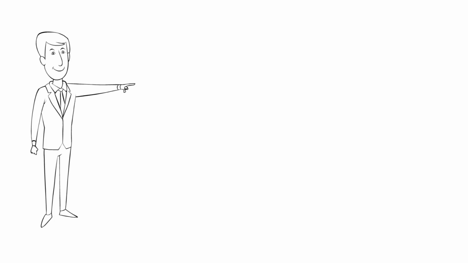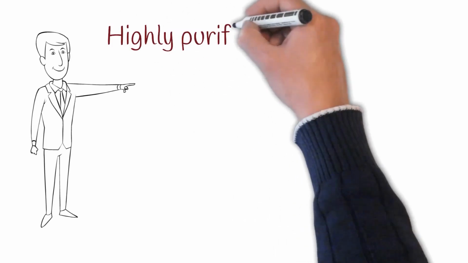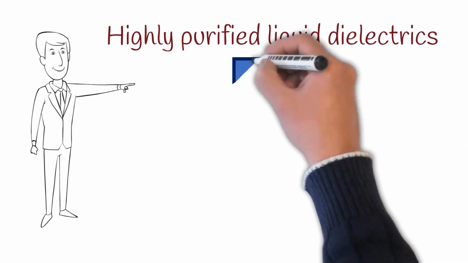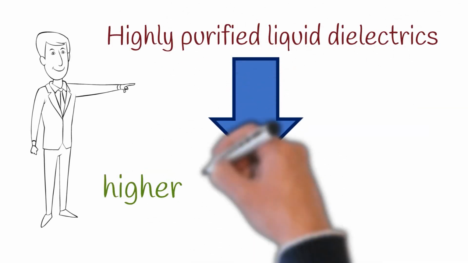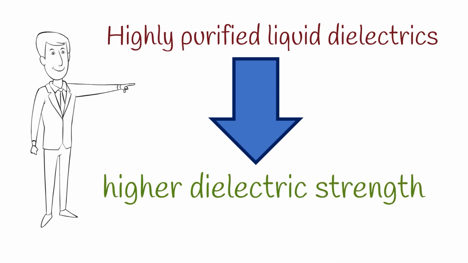Among these two categories, due to the insignificant or almost zero level of contamination, the highly purified liquid dielectric possess a comparatively higher dielectric strength, which is in the order of 1 megavolt per centimeter.